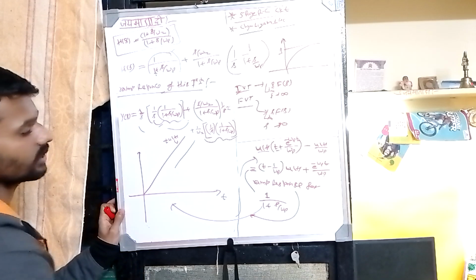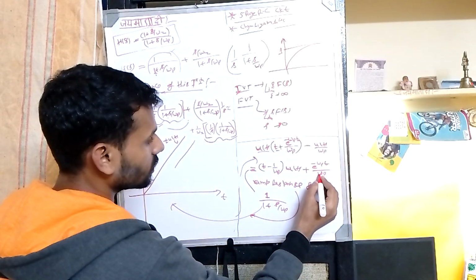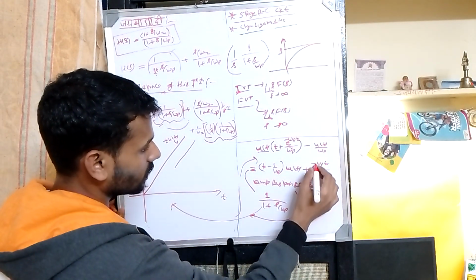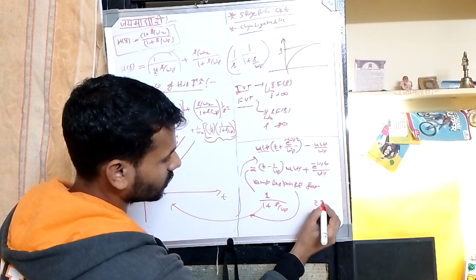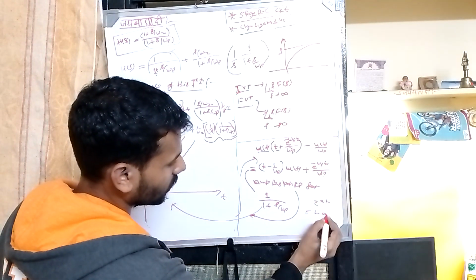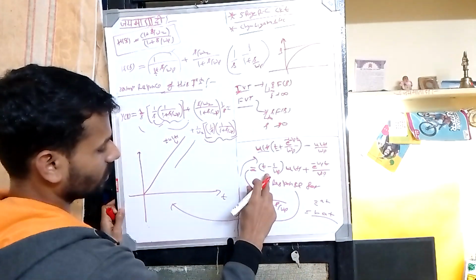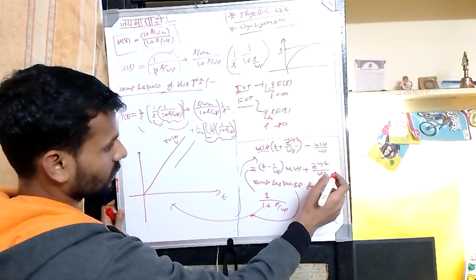At t equals infinity, and for very small t, it is e to the power minus omega p t, then this.